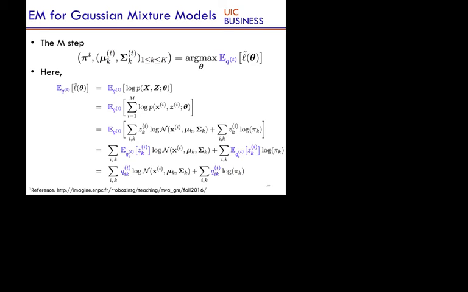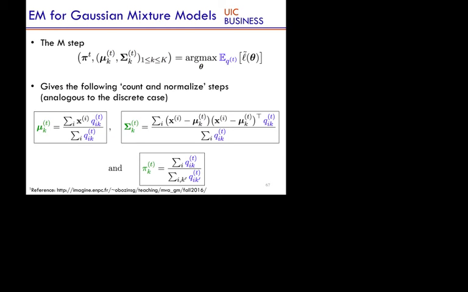And given Q, you can compute some new bunch of parameters, and that maximization is again something similar to count and normalize with weights. What I'm trying to show is an analogy between the discrete and continuous random variable cases. In the maximization step, you again have weighted counting or normalizing for the means and the variances. You can see that this is just weighted mean computation and weighted variance computation.